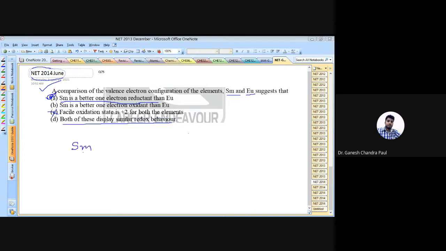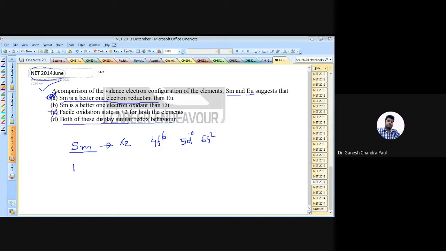For samarium, if you try to write down the electronic configuration, you have xenon, then 4f6, 5d0, then 6s2.